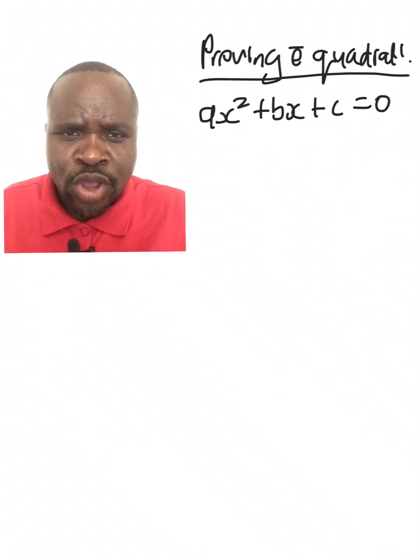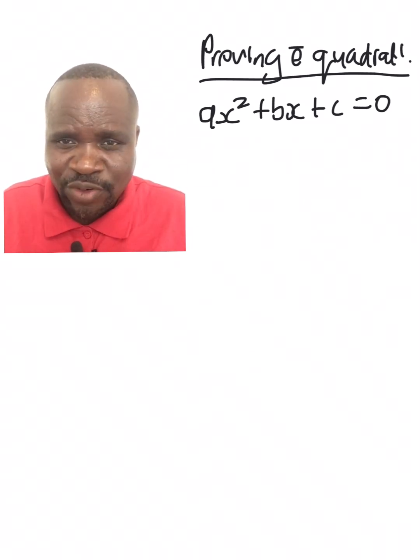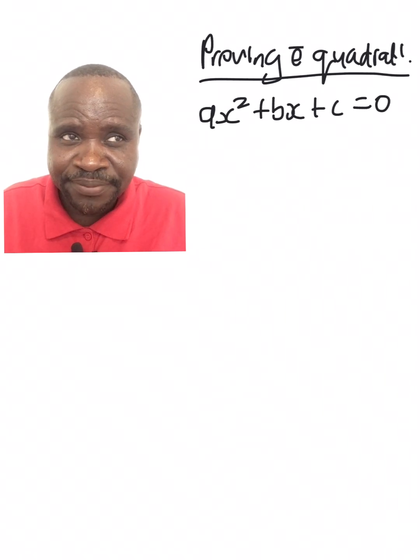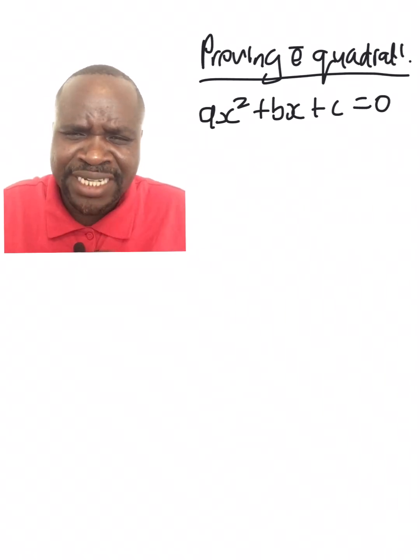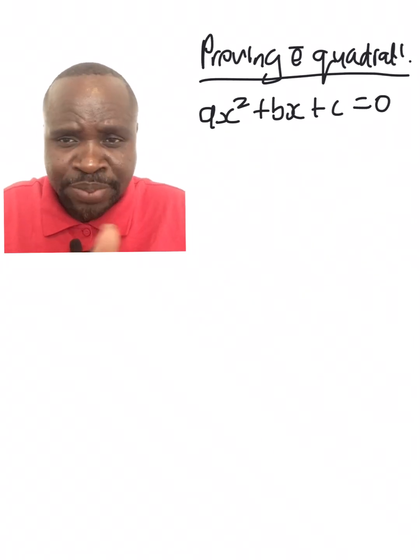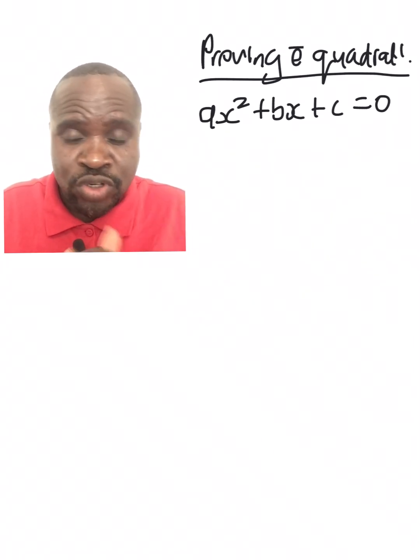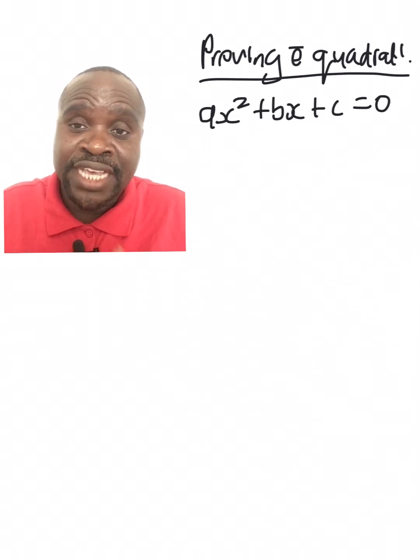Now when you are given a quadratic equation and you are told to solve it, there are three methods of solving a quadratic equation. The first method is by factoring, where you factorize the expression on the left-hand side, then you go on to find the values of x.